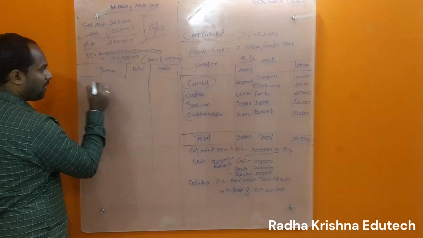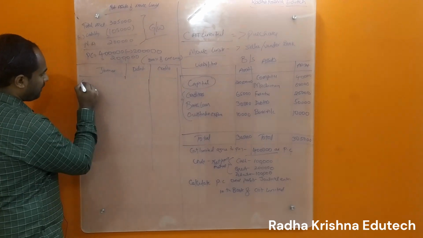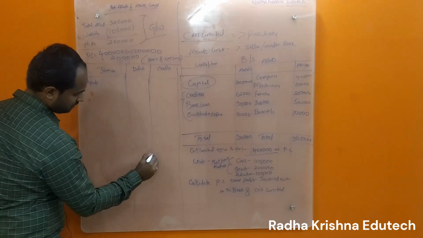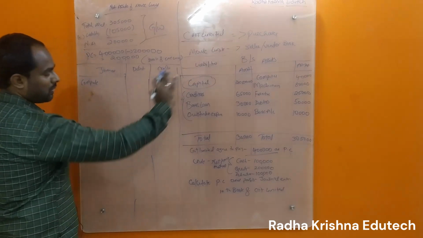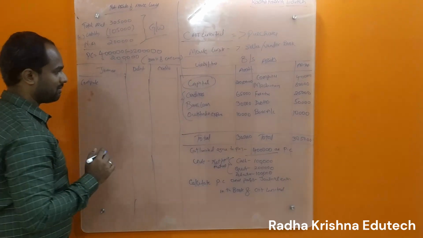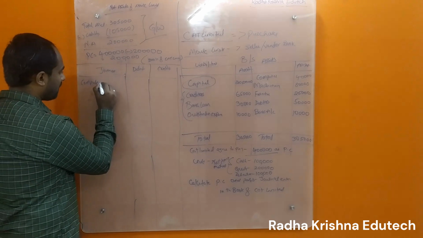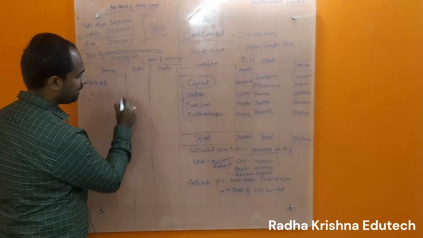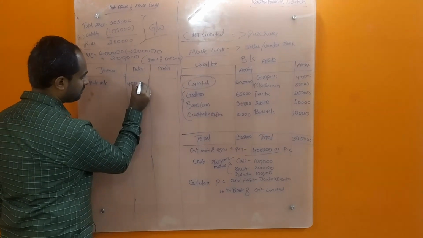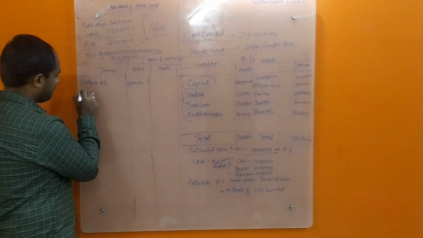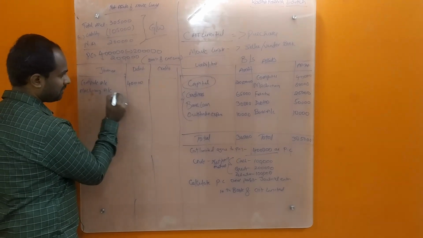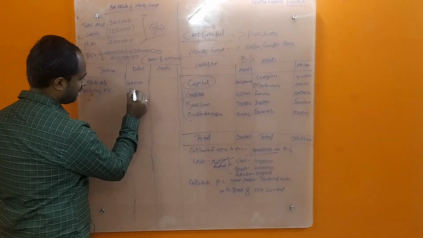So simple, all your assets. You can tell computer. The board is not enough, I will use the other section also, so please make a note of this. So computer account, what you will write? All are taken at book value. So 40,000. Machinery account, just transfer all these items, 80,000.